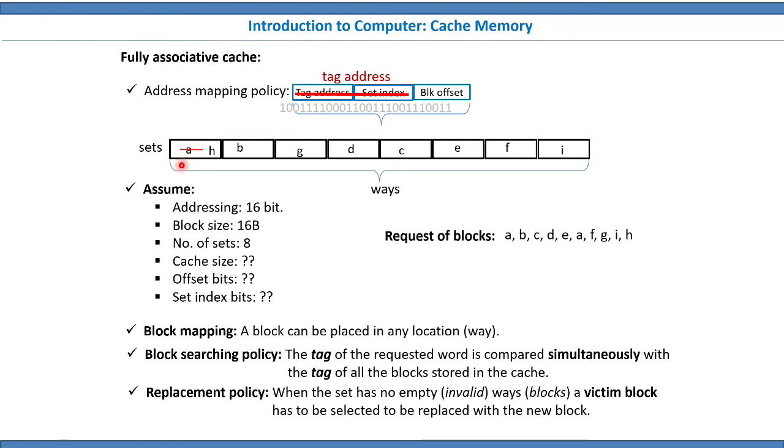First it will compare here, then here, and so on, if it is a sequential comparison. If it is a parallel comparison, then the tags of all the blocks can be compared in parallel with this tag. But in that case the hardware overhead will be much higher, because multiple comparators will be required, one comparator for each block.